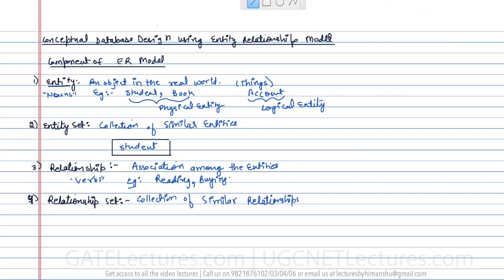If I draw it, it will be something like this, a diamond-like figure. For example, with a book, the relationship read is representing a relationship set.